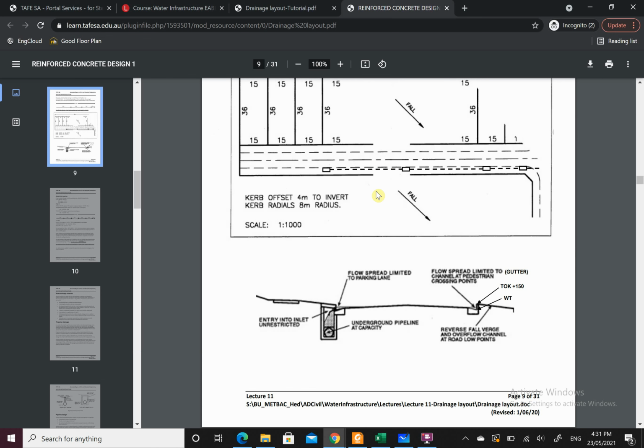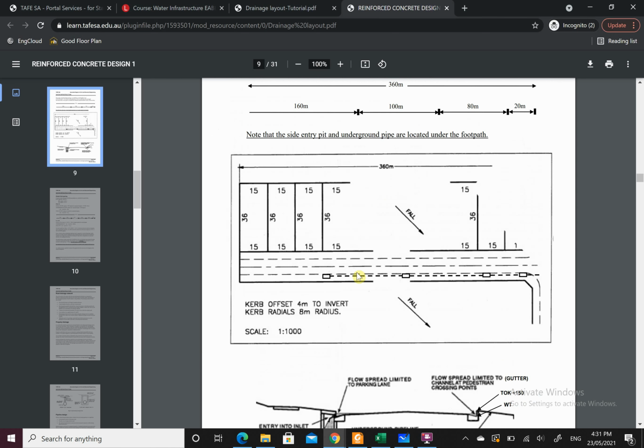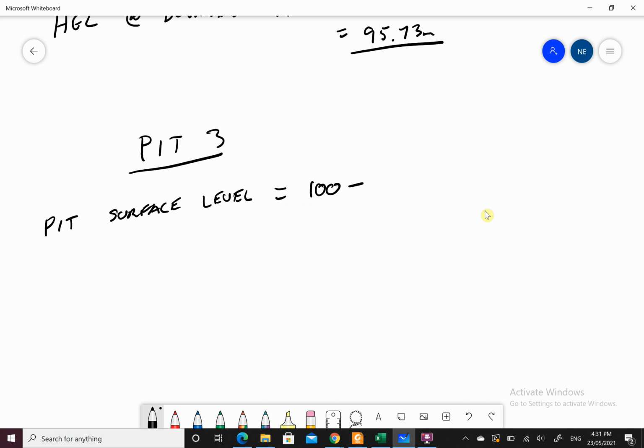So this time here, I'm moving 100 meters, and then I'm moving 80 meters to this next pit. So subtract 180 times by my 0.5%, converts to a meter. So the top of the pit here is 99.1 meters.